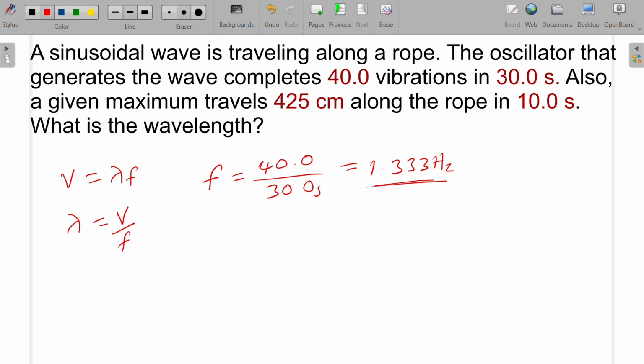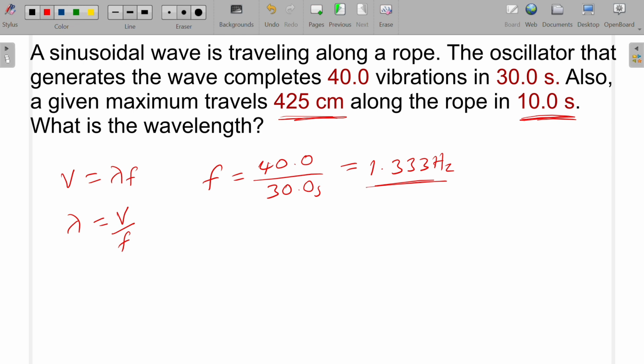Now, we are also given that the maximum travels 425 centimeters along the rope in 10 seconds. We are given the distance per unit time again, and we should remember that distance per unit time is also speed.